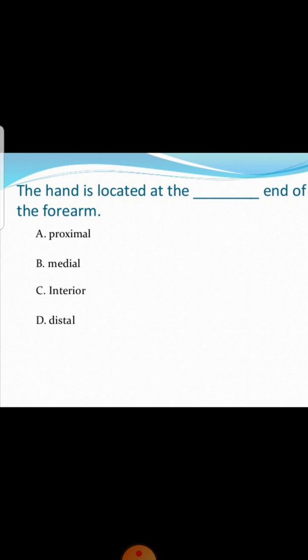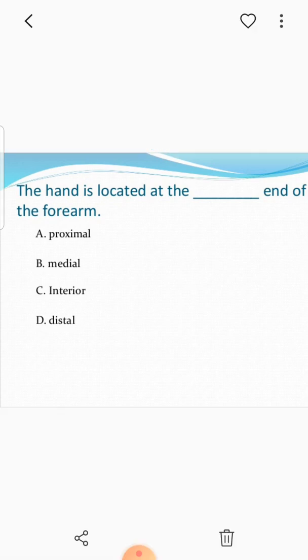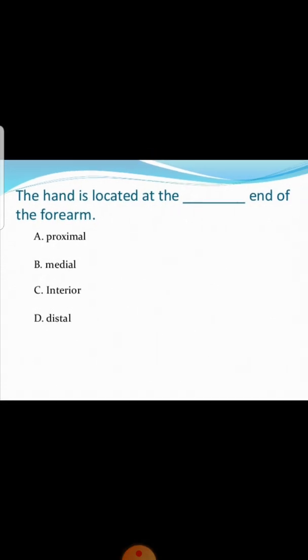So the hand will be located at the distal end of the forearm. The proximal end or the origin of your forearm will be the elbow side, and the distal end of your forearm will be the origin of your hand. So the hand is located at the distal end of the forearm.